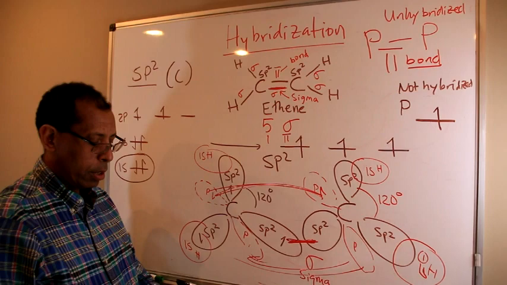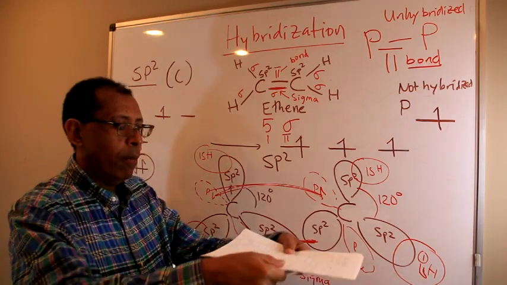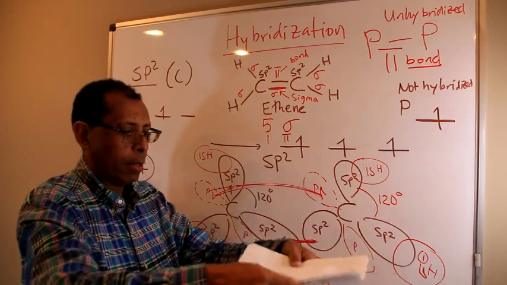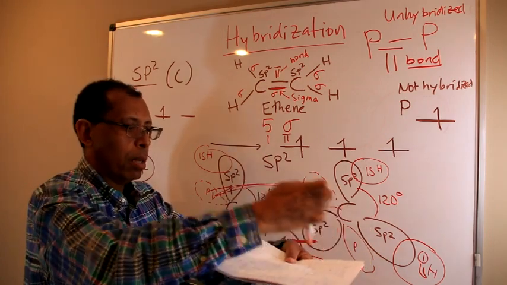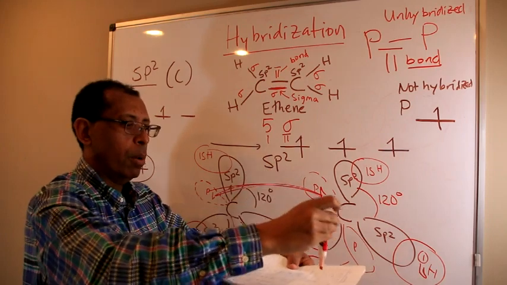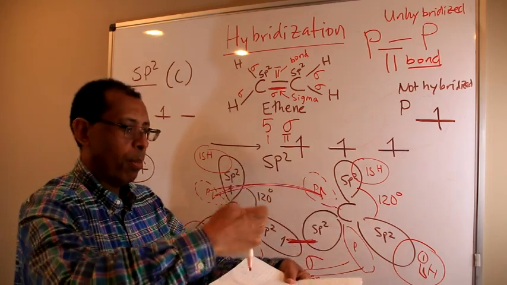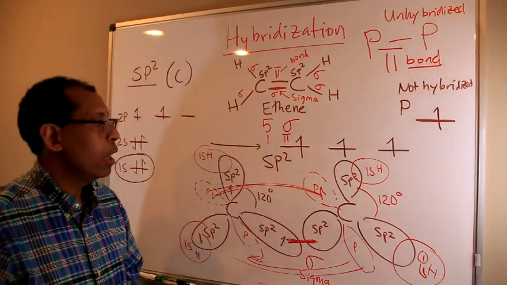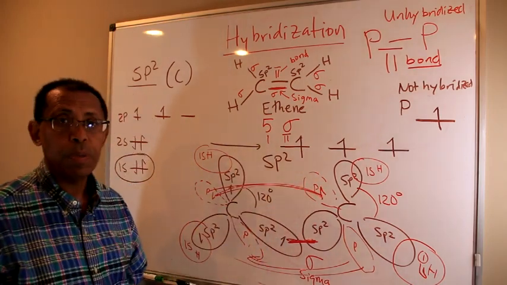If this is a flat molecule containing the carbon, the pi bond is made from the p orbitals standing up like this, making that interaction. That is a pi bond in sp2.